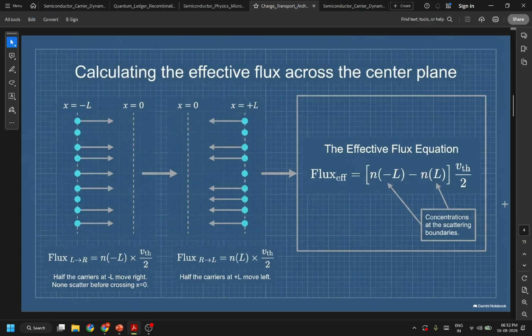Similarly, from right to left, half the carriers move left, so half are moving right and half are moving left. So the effective flux at x equal to 0 will become [n(-L) - n(L)] v_th/2, where n(-L) and n(L) are the concentrations at the scattering boundaries.